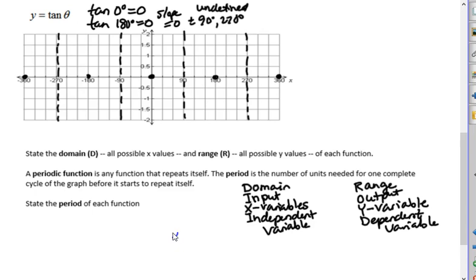Now we also want to know where the tangent equals positive and negative 1, and these are at our 45-degree reference angles. So let's look at our circle again: 0, 90, 180, and 270, and think about slope. Slope is positive in quadrants 1 and 3.